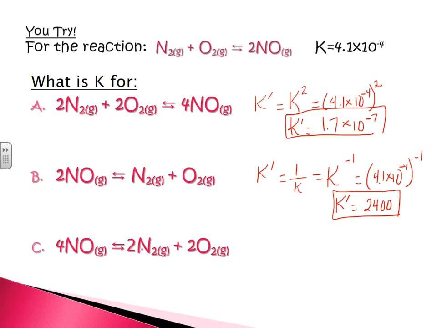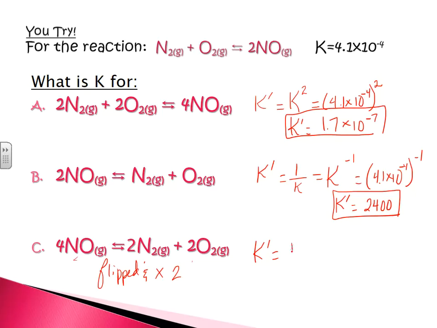And finally, let's look at the third example. If you compare C to the original, always compare to the original, they've flipped it. Notice the NO is a reactant here, where it was a product originally, and these were originally our reactants, now they're products. So they flipped it, and they've multiplied it by what? By 2. So that means for our new K prime, we're going to do both.